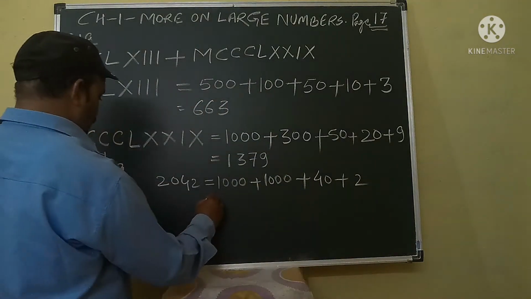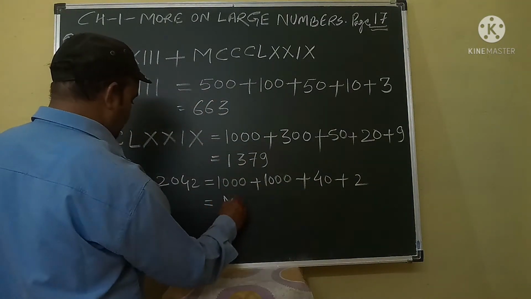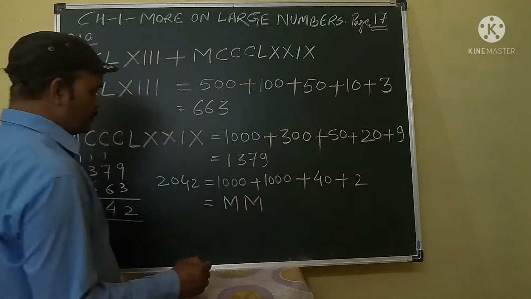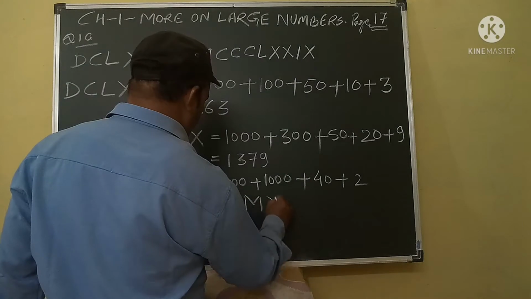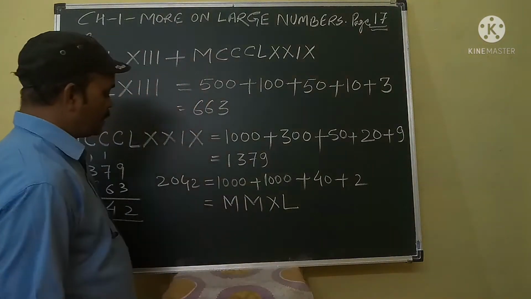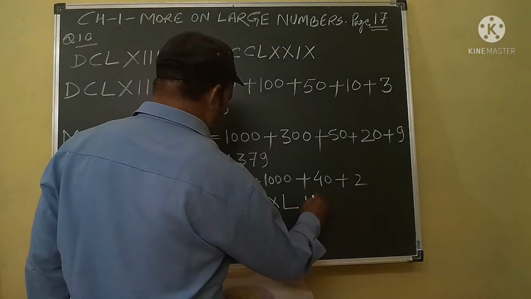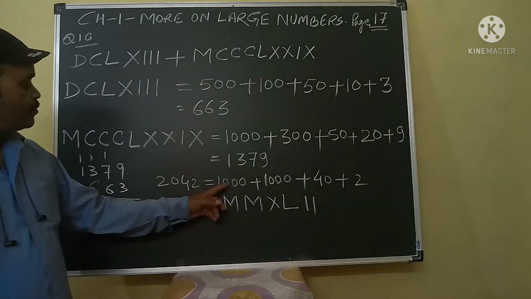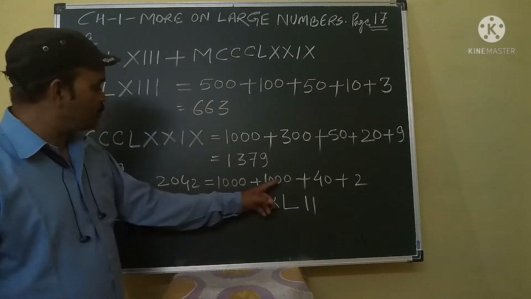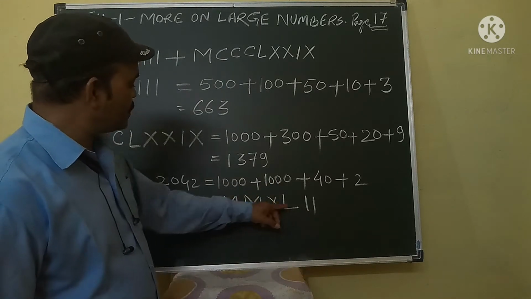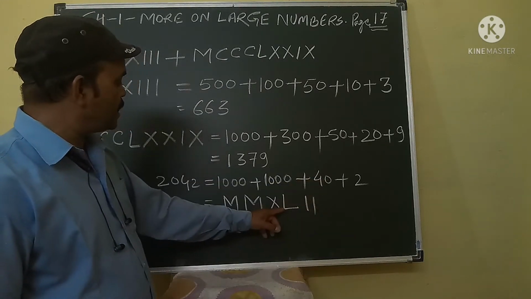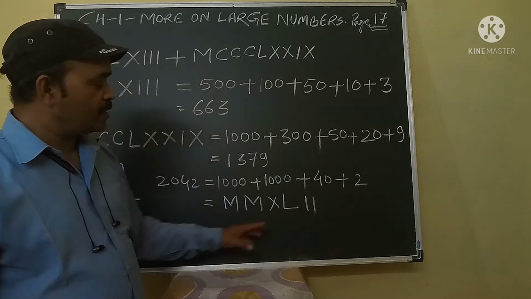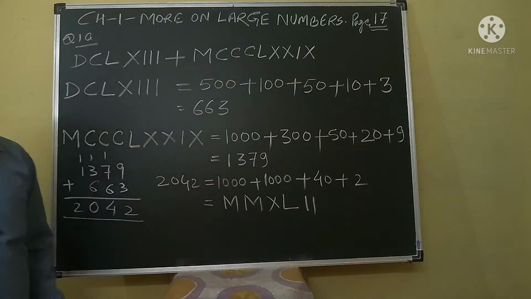Okay. So the symbol of 1000 is M. The symbol of 40 is XL. And 2 is 2 times I. Okay. So M, M, XL, and the symbol of 2 is 2 times capital I. We have already discussed this in the previous class.